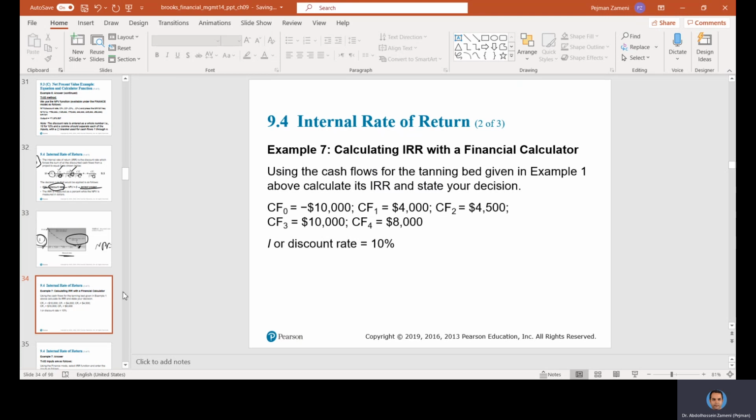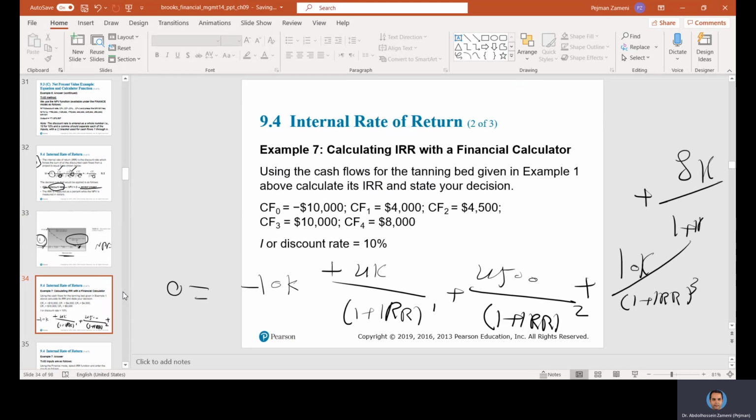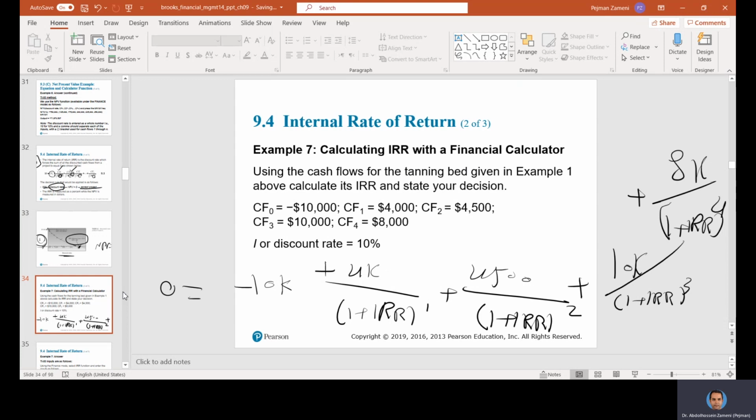Okay, how does it work? It means 10K plus 4K divided by 1 plus IRR to the power of 1, plus 4,500 divided by 1 plus IRR to the power of 2, plus 10K divided by 1 plus IRR to the power of 3, plus 8K divided by 1 plus IRR to the power of 4.